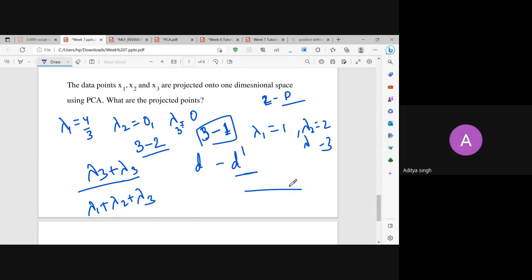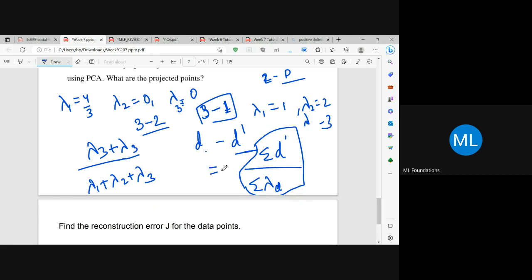So you'll be adding all the lambdas, you'll be getting d lambdas, and you are converting from a bigger dimension to a smaller dimension, so here the lambdas will be the smaller ones. This is the portion of information that has been preserved. So this is the formula.